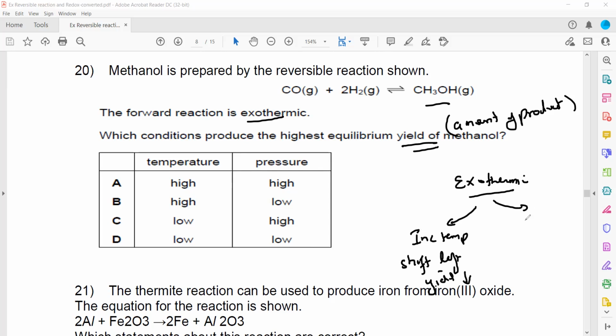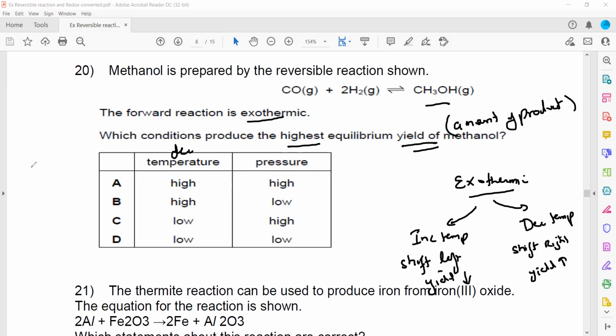But for an exothermic reaction, if we decrease the temperature, the equilibrium will shift towards the right hand side, and the yield will increase. So we want the highest yield. For an exothermic reaction, for temperature, what should we do? We should decrease.